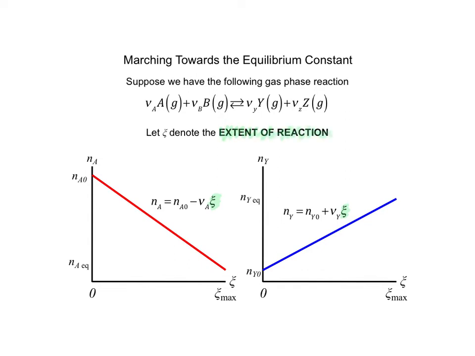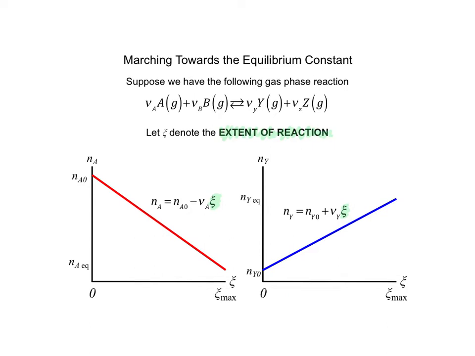And what this means is really how much has this reaction progressed. And so based upon stoichiometry, if we know how far the reaction has progressed, we should be able to calculate the number of moles of any reactant or product that is in the solution at that point in time.